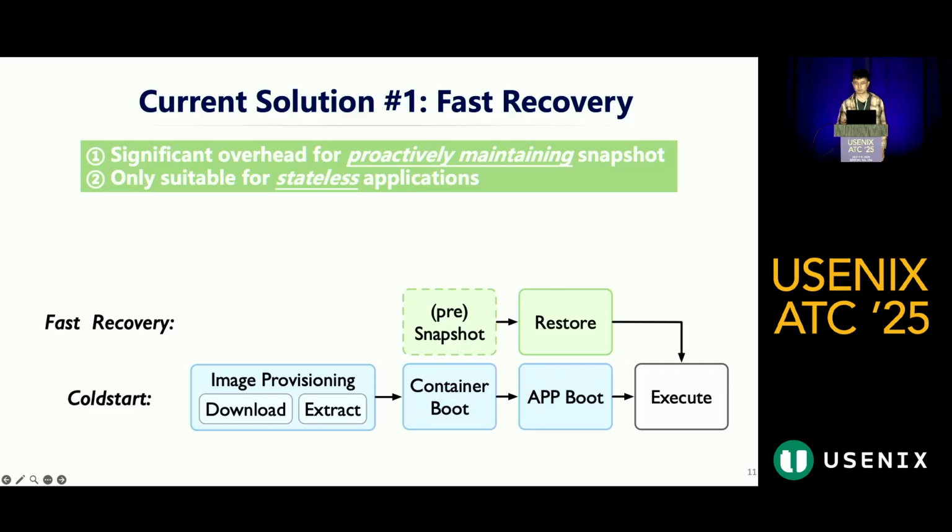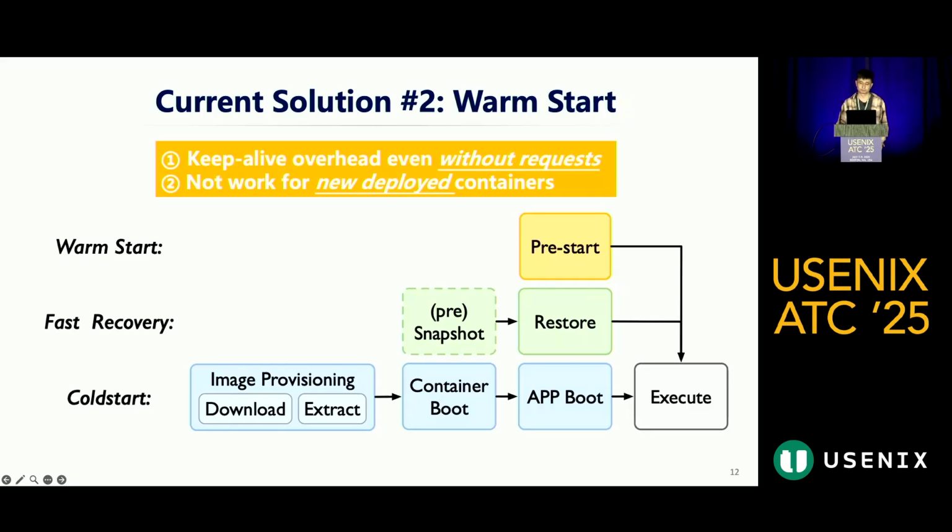Moreover, this method requires applications to be stateless. For example, if an instance retains a timestamp before the snapshot is generated and continues to use that timestamp after recovery in the future, this may lead to incorrect timing or even a crash.